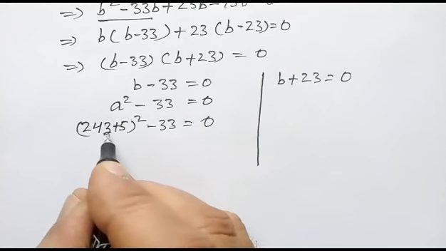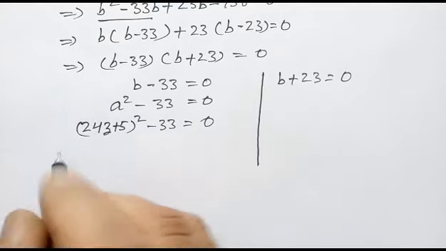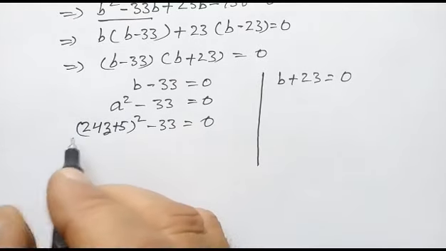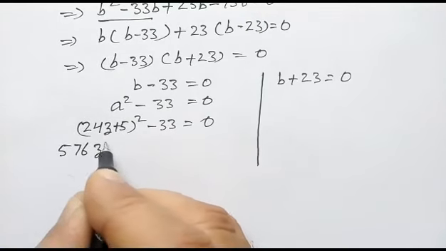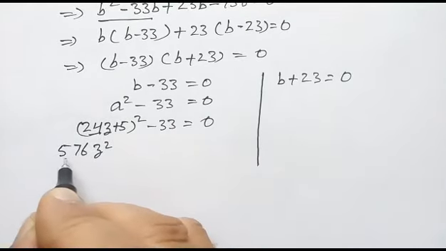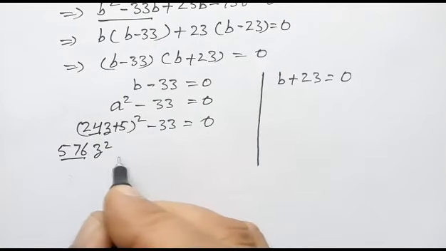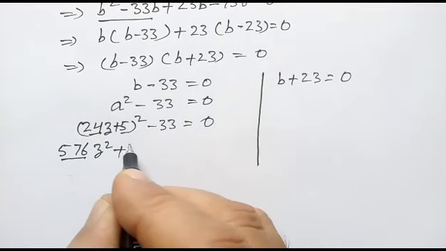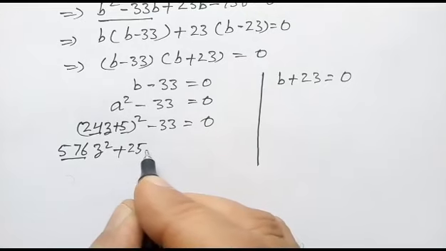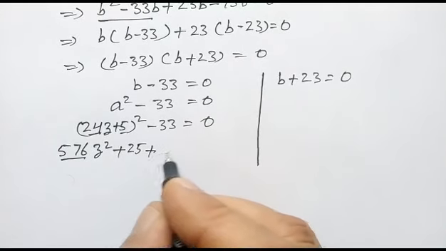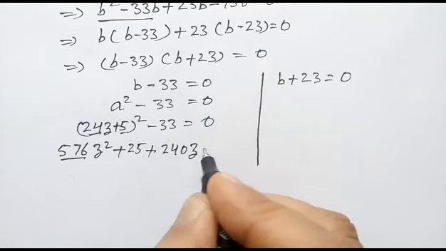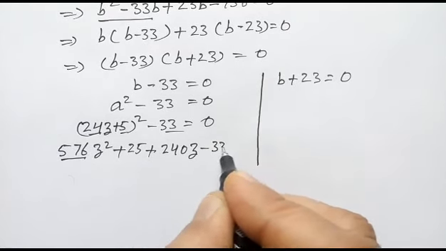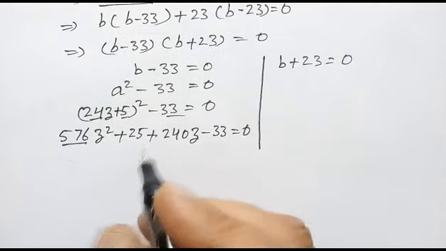So 24z plus 5 whole square, a plus b whole square, just like 576 z square, square of 24 is this, plus second term square 25, plus 2 into first term into second term, 240z, minus 33 is equal to 0.